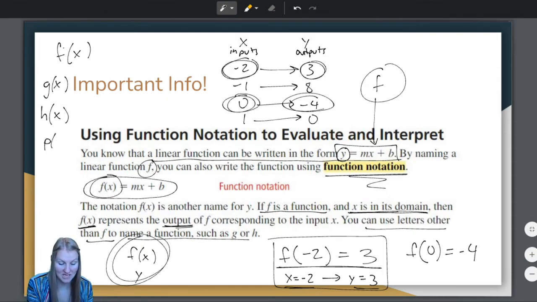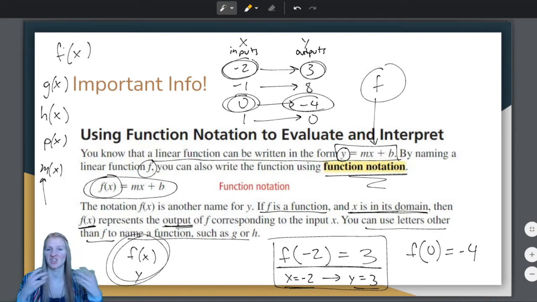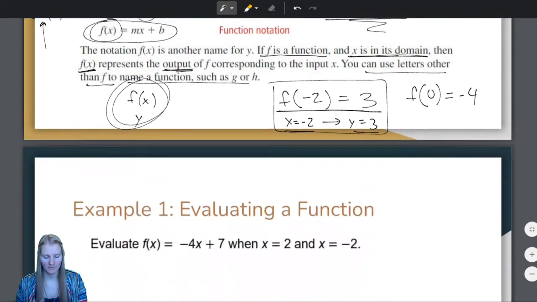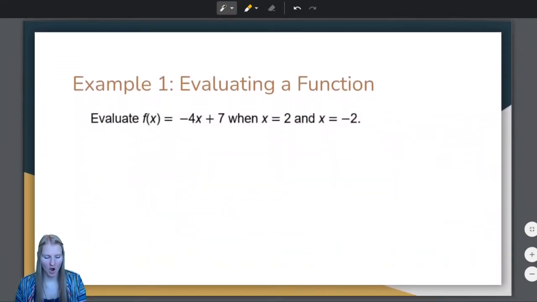We can have p of x, m of x. It doesn't matter. The letter is just the name of the function. All right, now let's go ahead and move on to our very first example with function notation.